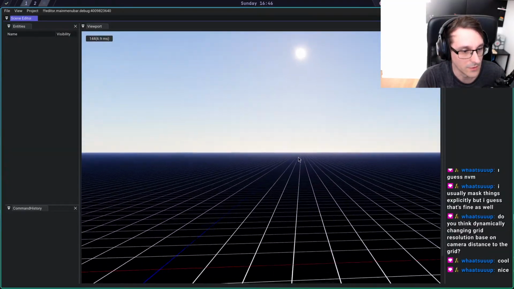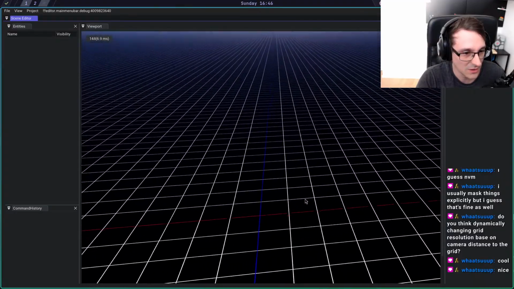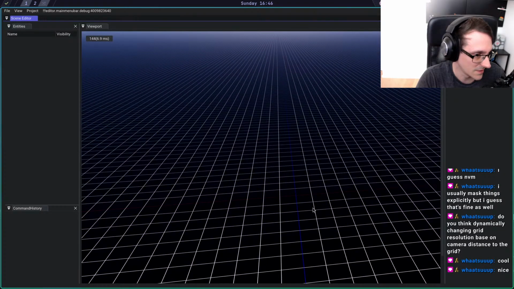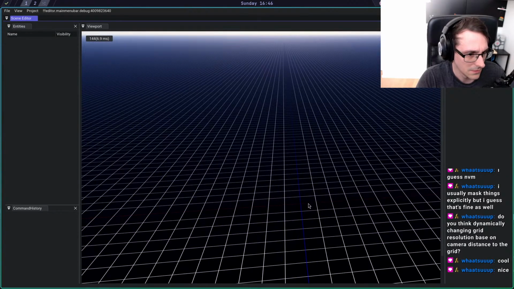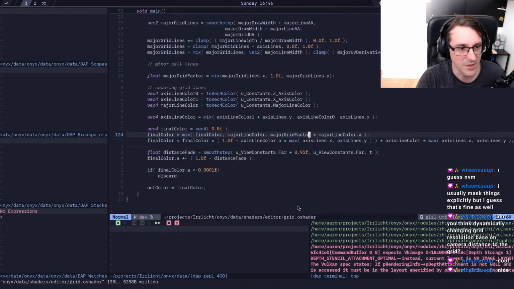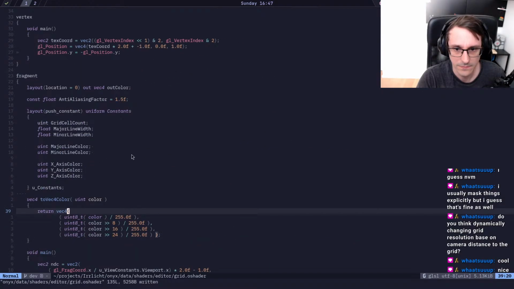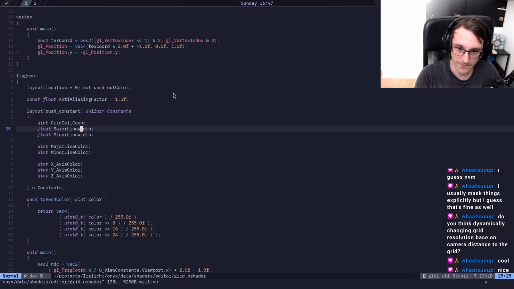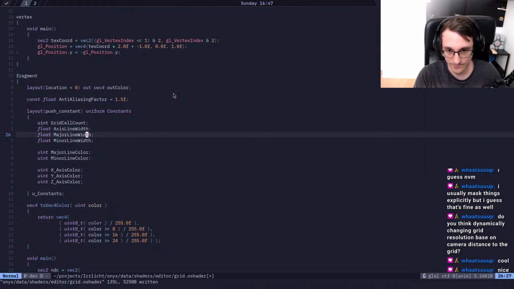I think what I don't like is how hard it is to see the grid lines a little bit. So maybe I will do something about that. I think we could do axis line width.